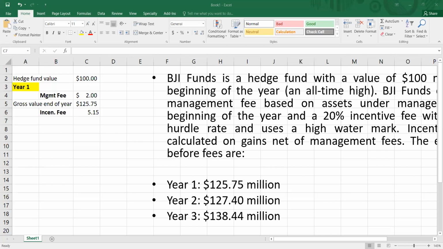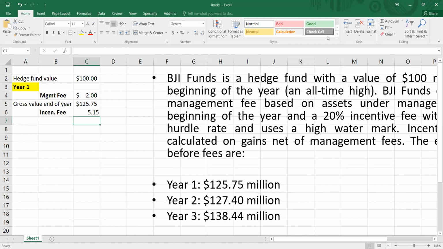It is the minimum return the hedge fund must earn before it can charge any incentive fee. If your return is below this 5%, then that's it, you don't have a right to charge anything. This is a hurdle rate. There's a soft and there's a hard. If it's hard, you have to do it. Soft, you may not consider. So this is one condition.